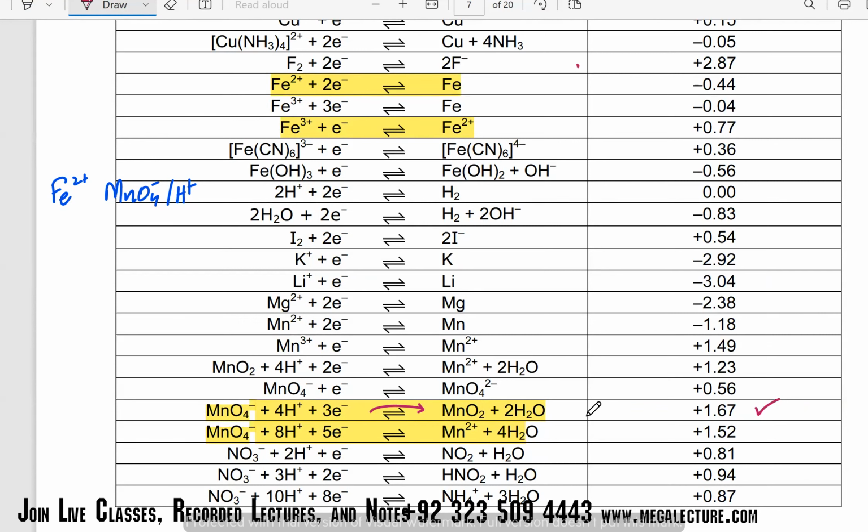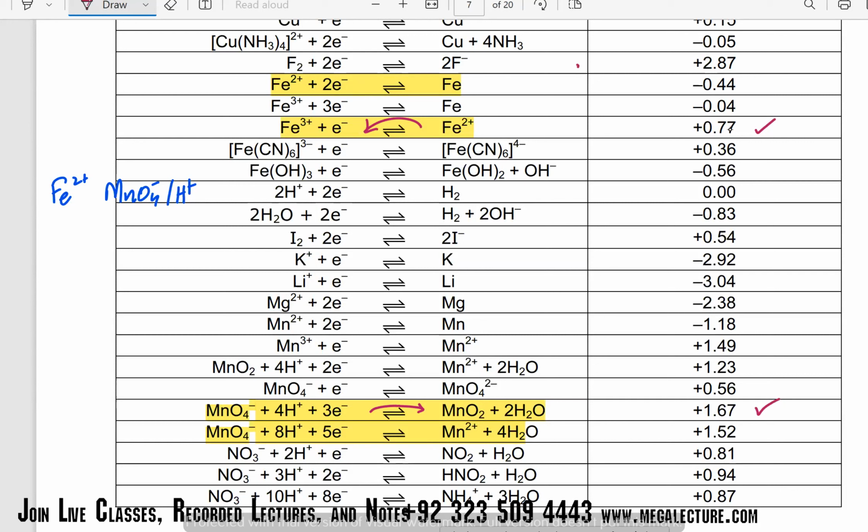The one that's got the lowest potential. So in this case it's minus 0.44. But I don't have Fe, so that can't lose electrons. So the next lowest potential is 0.77. So that means Fe2 plus is the one that's going to get oxidized, right? So you're going to end up with a reaction.